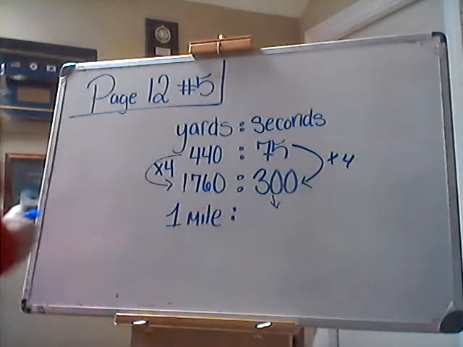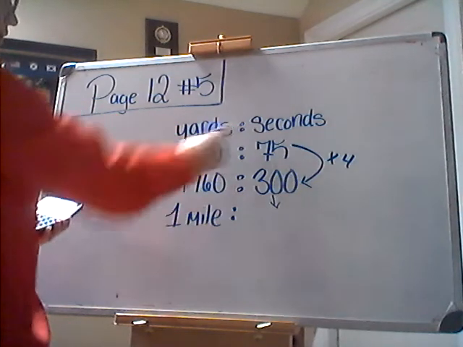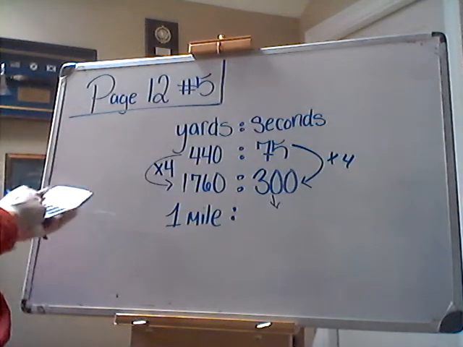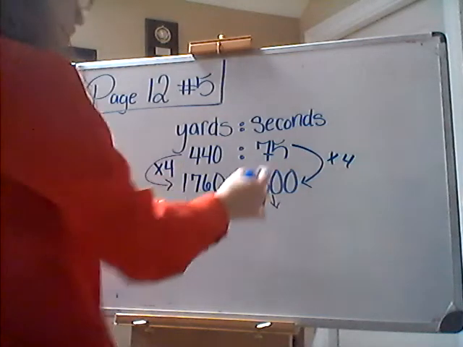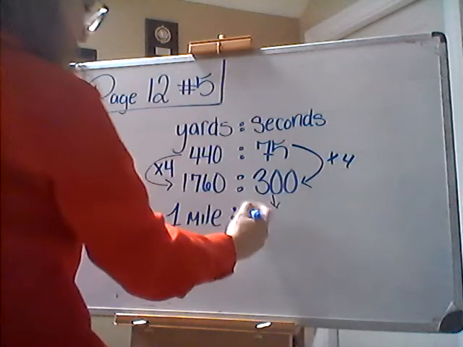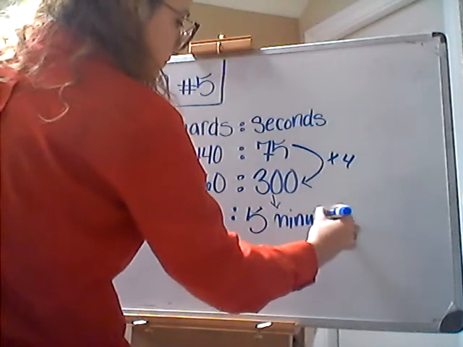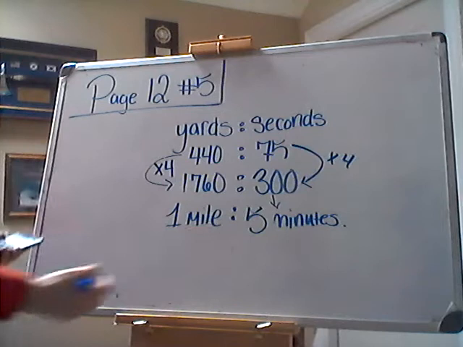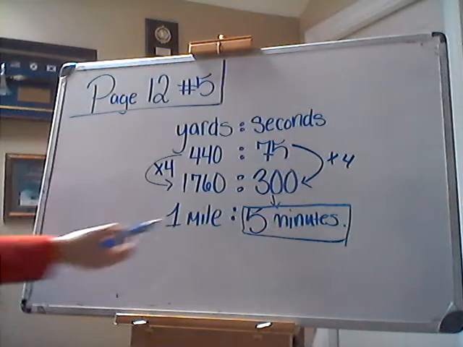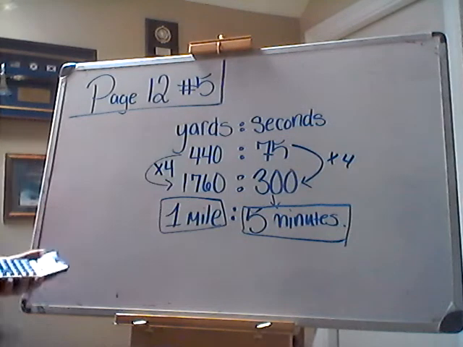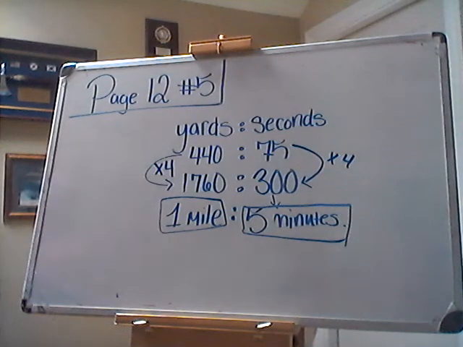So we can do 300 divided by 60 to convert this 300 seconds to minutes. 300 divided by 60. So 300 seconds is the exact same as 5 minutes. So it would take 5 minutes for Jason to run 1 mile. Jason is an extremely fast runner. Extremely fast.